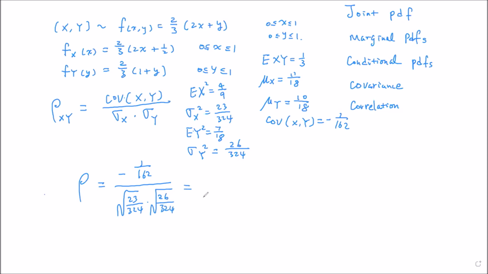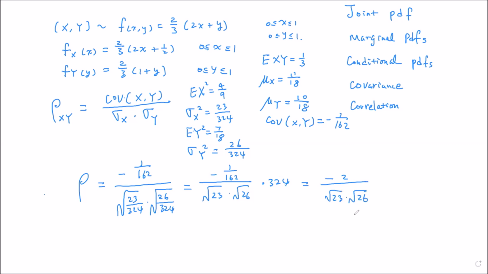So I have the square root of 23 times the square root of 26 on the bottom, and -1 out of 162, then you need to multiply by 324. The square roots of 324 multiplied together give 324, and it's in the bottom of the bottom, so you flip it. I get -2 over the square root of 23 times the square root of 26.